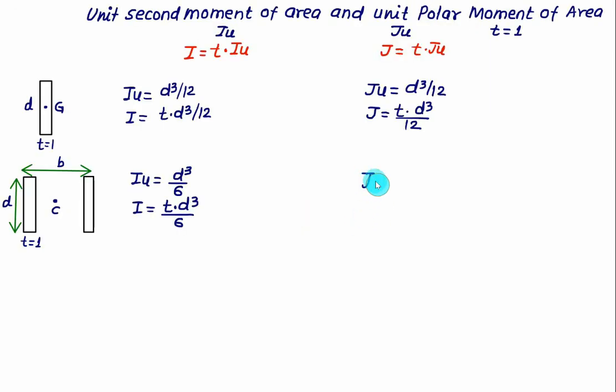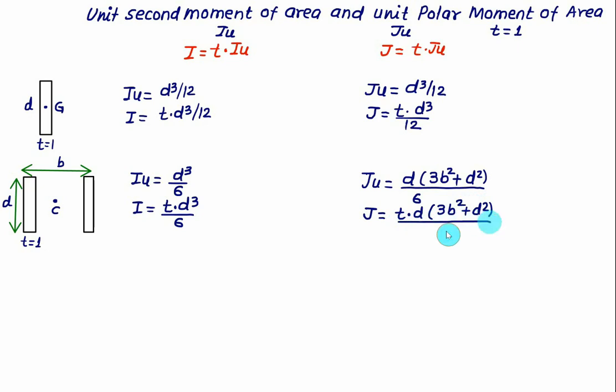The unit polar moment of area Ju is given as d multiplied by (3b square plus d square) divided by 6. In that case the total polar moment of area J is obtained just by multiplying t, that is t into d into (3b square plus d square) divided by 6.